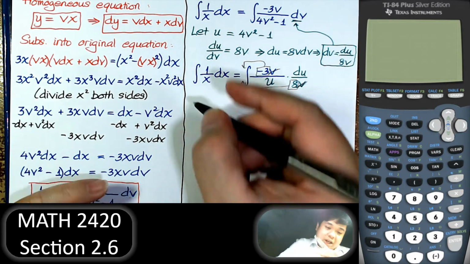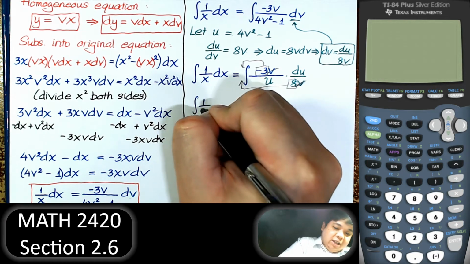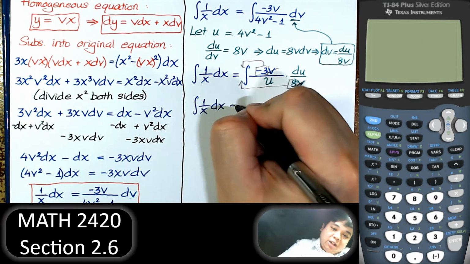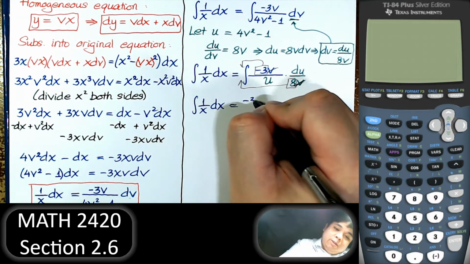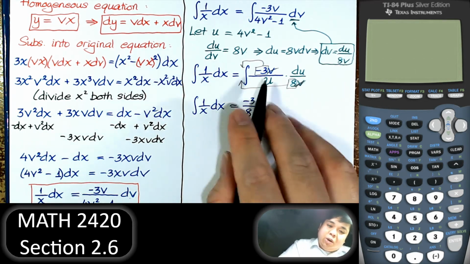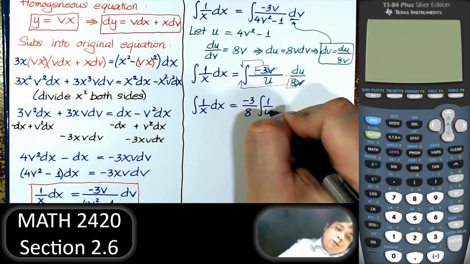So once again, I'll just write the integral 1 over x dx. That's easy. We can do that anytime. And the negative 3 on the top, 8 at the bottom. And then we have the integral, so that cancels out, left with just 1 over u du.